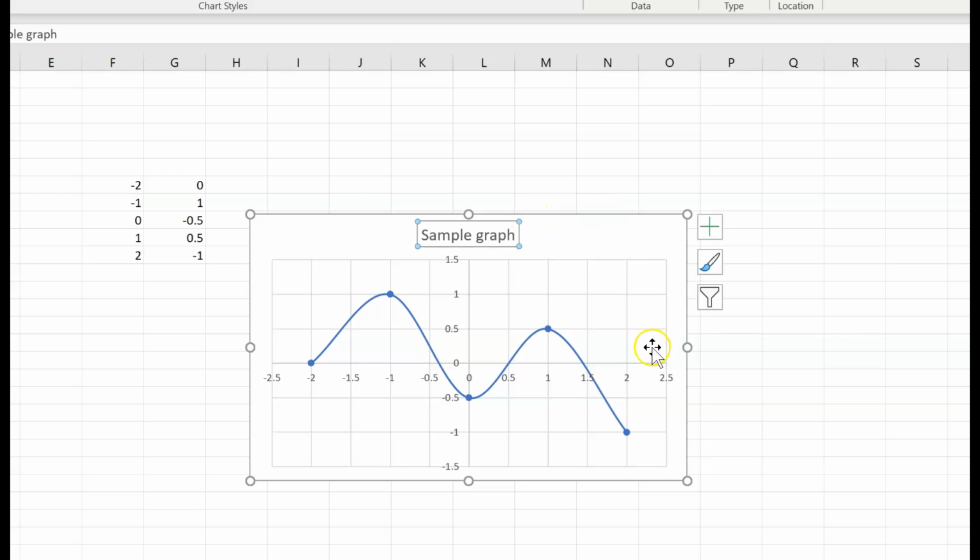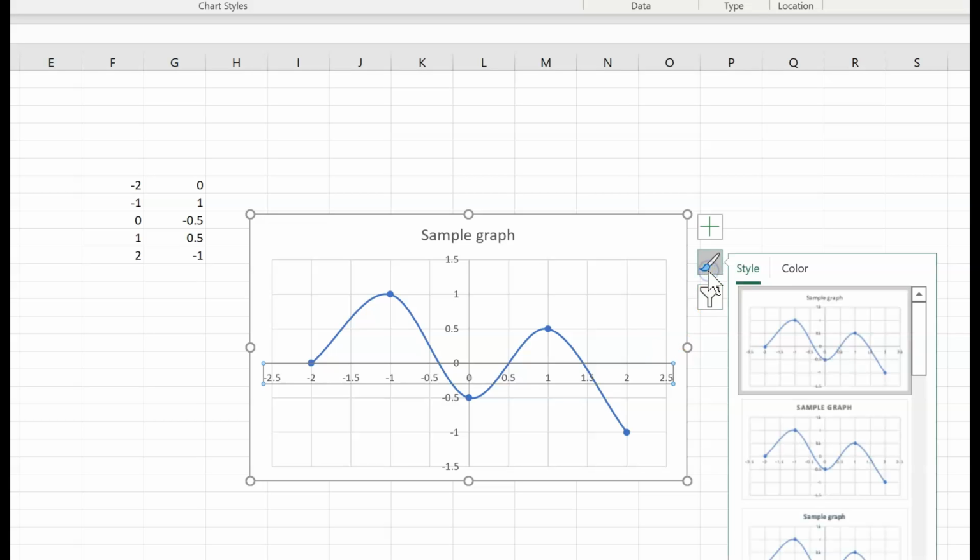If I want to change that, I can click on the axis and, oops, my mouse isn't on the right place. I can edit it anyway. I'm using a very funny mouse, and change that to only putting whole units there, or however many I want to put. So you can look at it there.